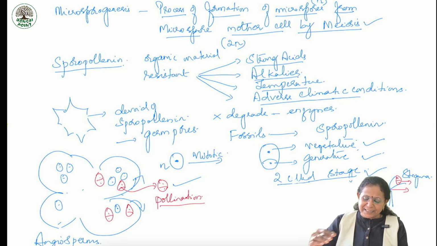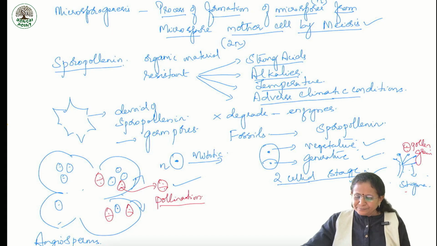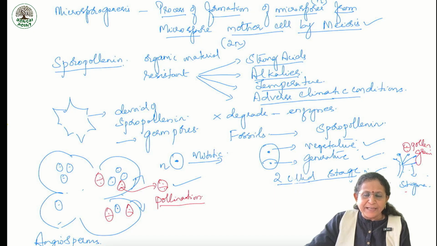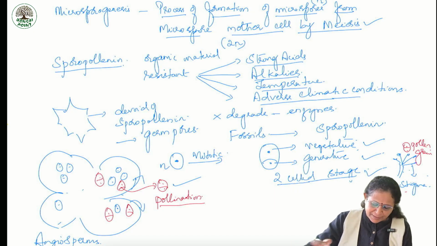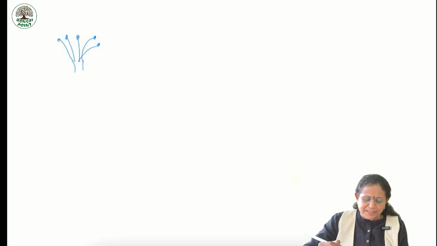Let us see. Is it clear? Yes. Let me show you the details of the development of pollen grain into a male gametophyte. Okay. See, if this is the stigma, you learn in detail under pollen pistil interaction. This is a small explanation I am just giving you. This is the stigma.